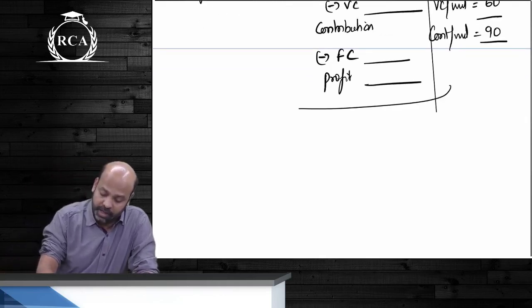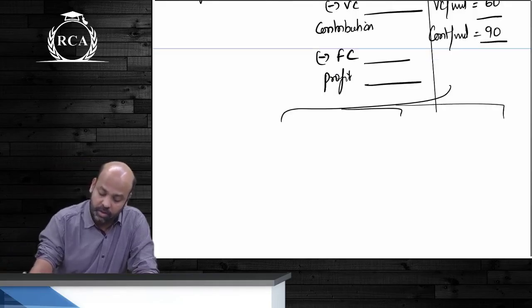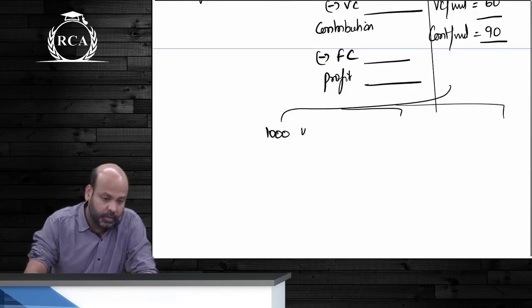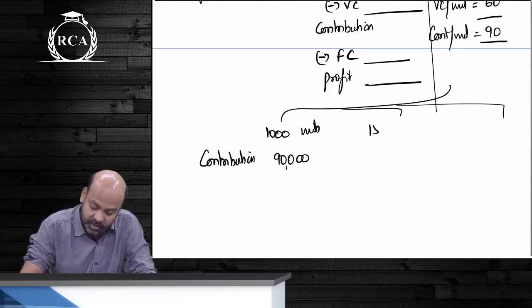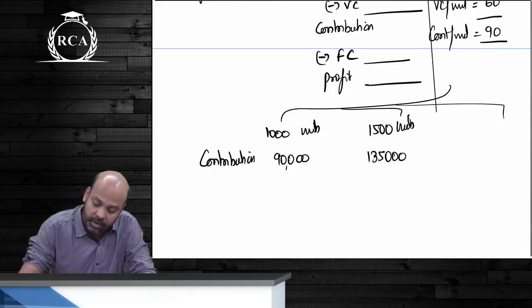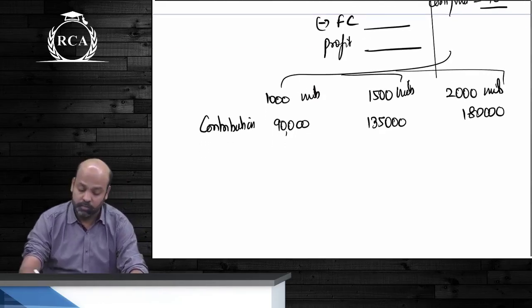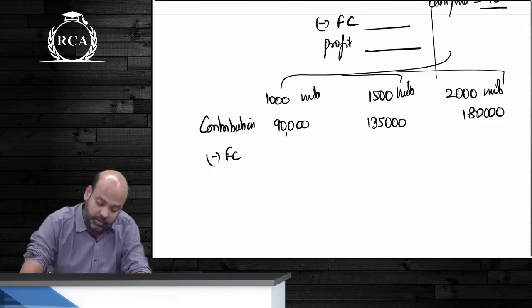If I sell 1000 units, my total contribution would be 90 into 1000. And if I sell 1500 units, my contribution would be 1,35,000. And if I sell 2000 units, my contribution will be 1,80,000. Let's say that the organization is incurring a fixed cost of 75,000.